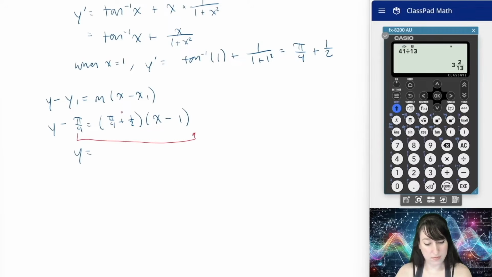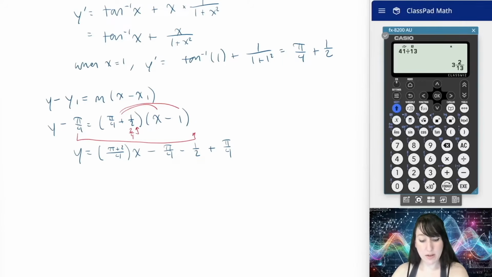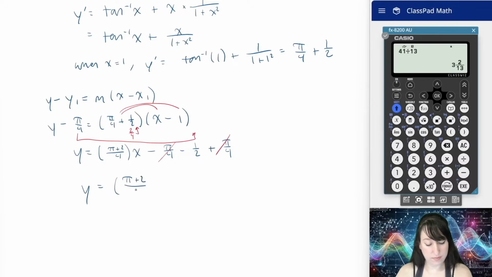I might combine that gradient so it'll be a nicer coefficient of x. I'll leave it separate for the y-intercept, because the pi over 4s will cancel nicely. So the line would be y equals (pi plus 2) over 4 x minus 1/2.